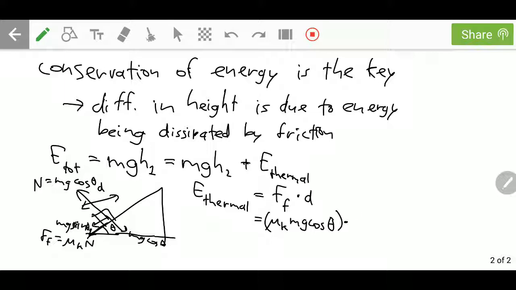And what is d? Well, the height that it reaches is h2, and d is the distance along the ramp. h2 is equal to d sine theta, and so d will equal h2 over sine theta.